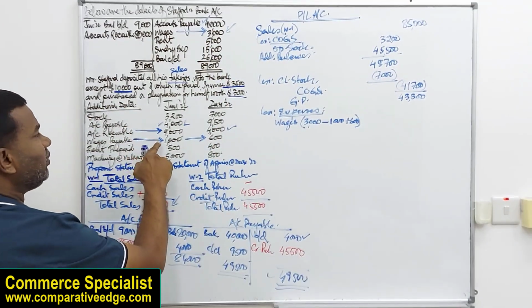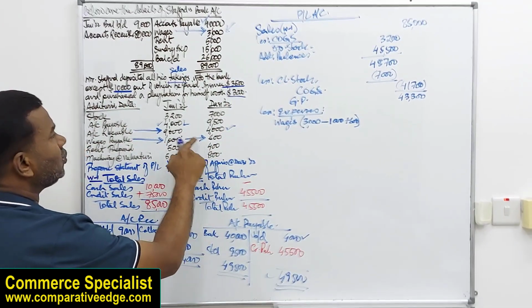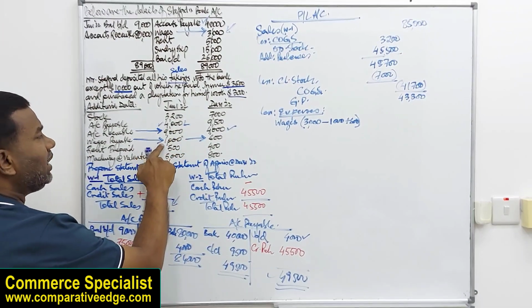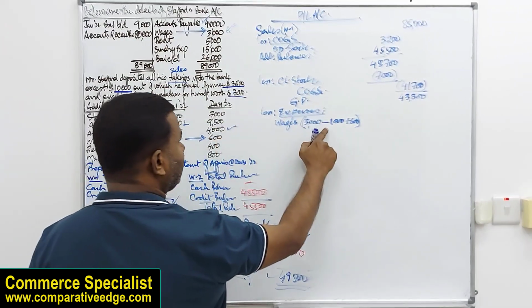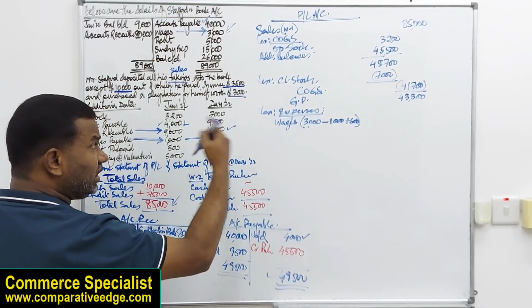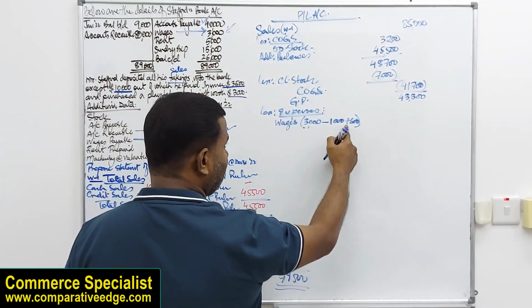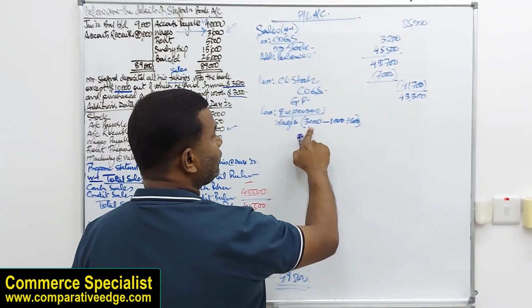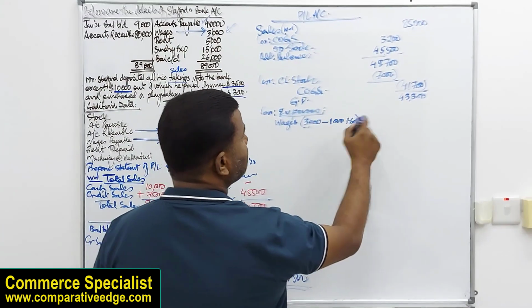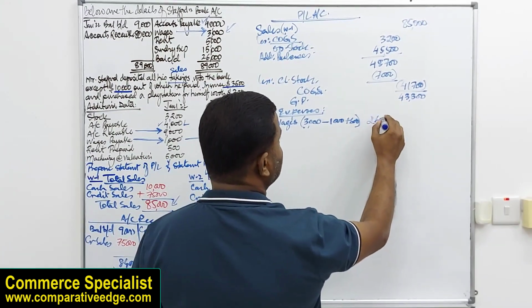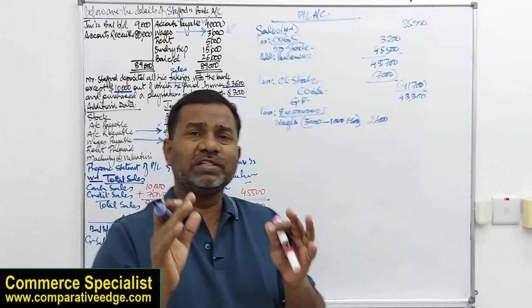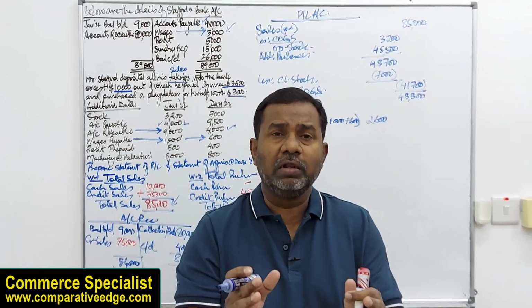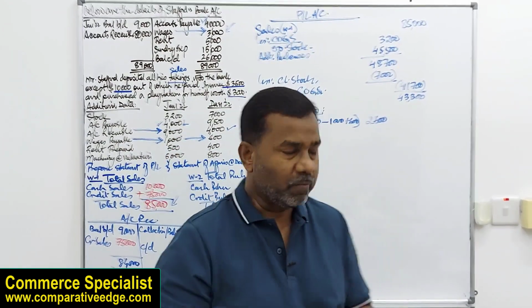Then we have wages payable, opening and closing balance. So in the wages account, opening balance of wages payable is subtracted. Closing balance, because it is still due for the current year, we add. So 3,000 minus 1,000 is 2,000 plus 600. So this will be 2,600, the wages expense applicable to this year.